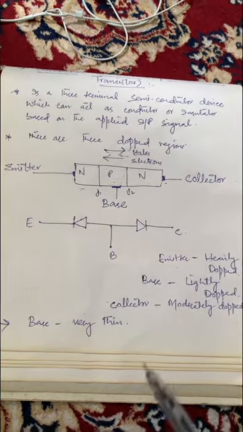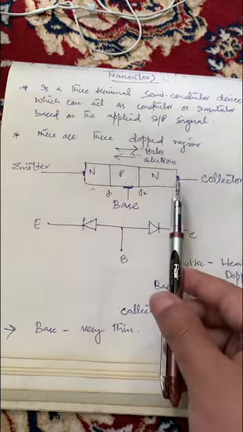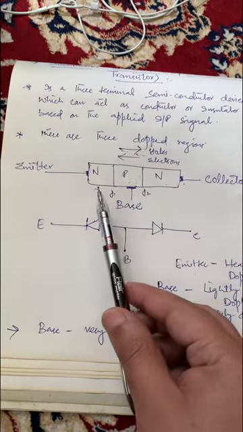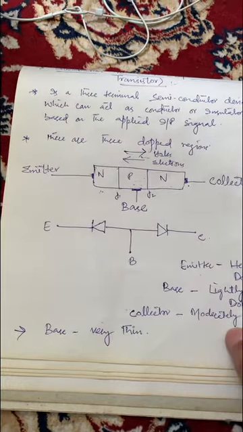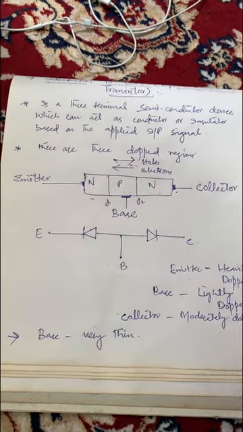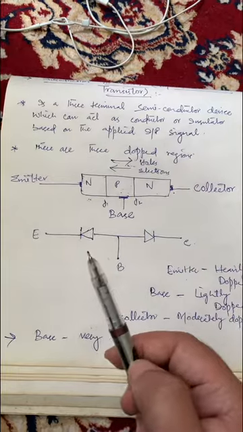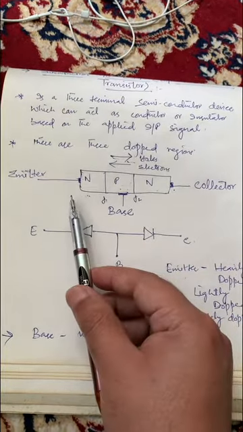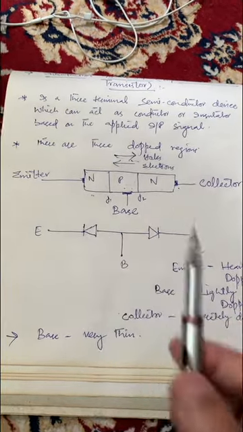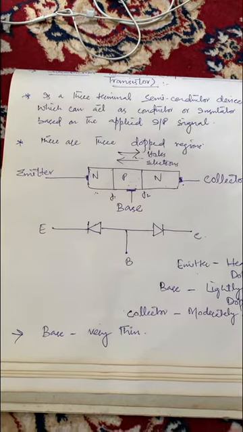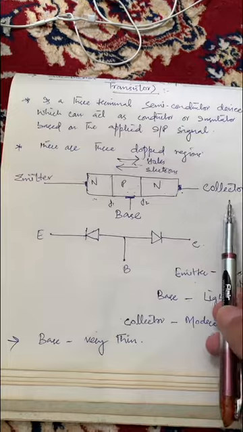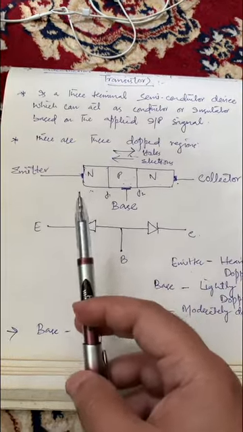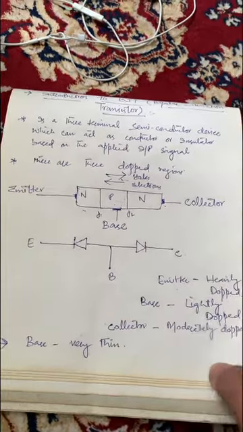In terms of width, the collector region is wider than the two regions, because the job of the collector is to collect the electrons which are supplied by the emitter, and that is why it is known as collector. Here the concept of why it is known as collector side and why it is known as emitter side must be clear.